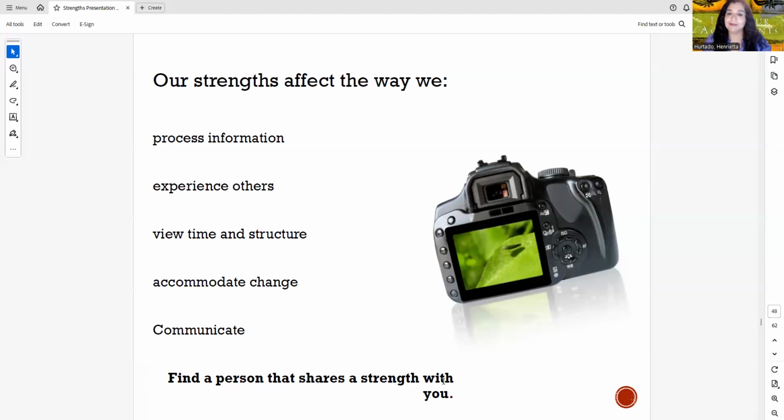If not, you want to reflect on your strengths and maybe how that conversation would have gone had you discussed with someone a strength the two of you have in common.